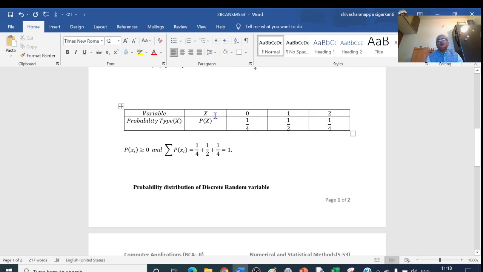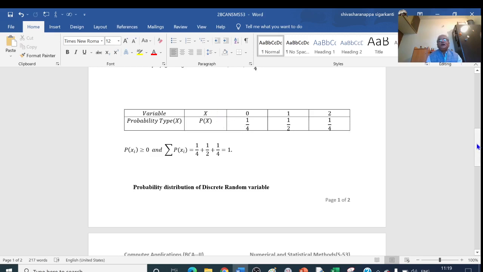So we have to find the probability of x when x equal to 0, that is p of x equal to 0, then for x equal to 1 and x equal to 2. We have to find the probabilities of this random variable, that is, make a table. In the first row we write the values of the random variable, and in the second row we write the corresponding probabilities.